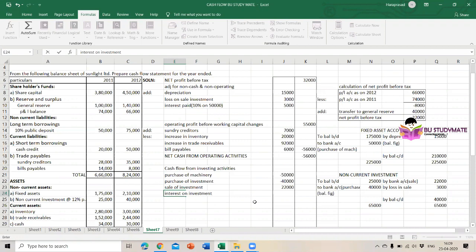How much? That is what we have calculated, we got 3,000 rupees.